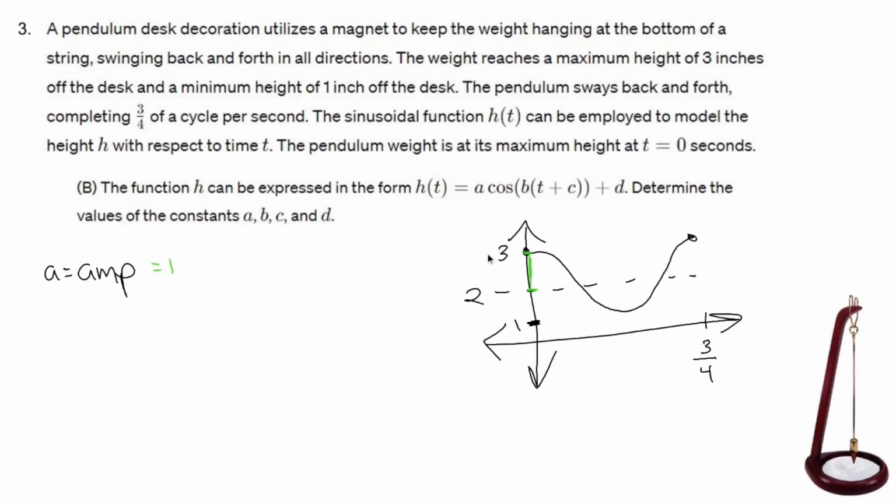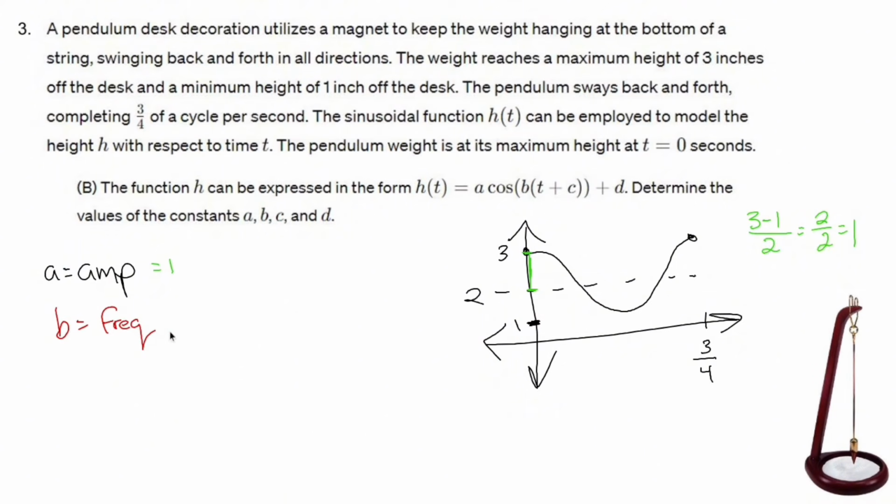If the numbers weren't pretty, you would do 3 minus 1, the maximum minus the minimum, divide that by 2, and you would get 1 anyway. But for this one, it's simple enough. If it's not simple enough, maximum minus minimum, divide by 2. There you have it.